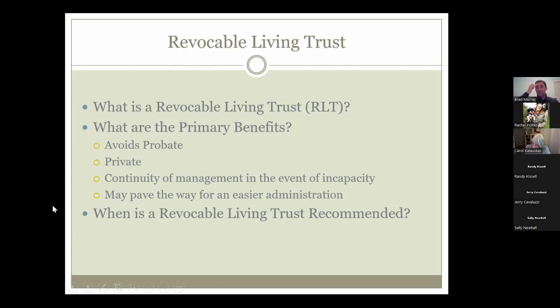I guess I didn't really touch on it, but typically the terms of the RLT would read similar to what you might see in a will. Upon the death of the second grantor, that's what we call the people that form these types of things, these assets pay out to XYZ, or I give this specific asset to, I don't know, my niece or my daughter.